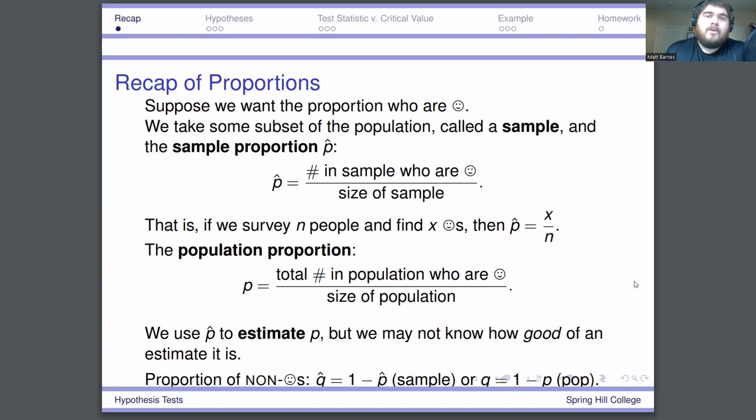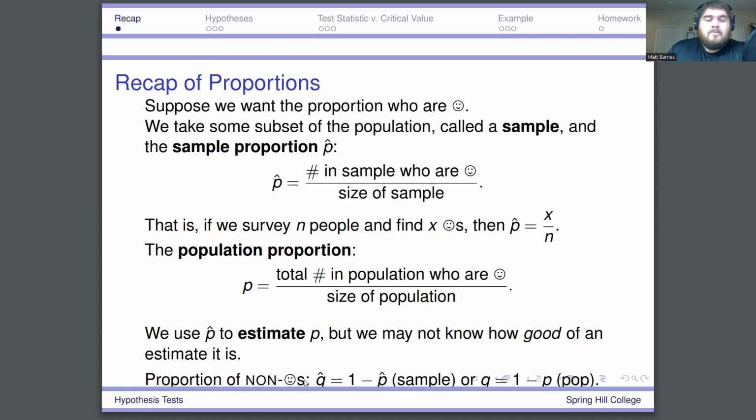Just another point of notation that we want to talk about here. If we want the proportion of people who are not happy, we just do 1 minus the proportion of people who are happy, because either you're happy or you're not happy. Those are two things you can be. If you're not happy, you could be melancholy, sad, angry, or lots of other things, but we're grouping those together.